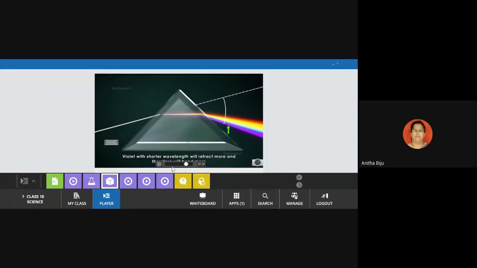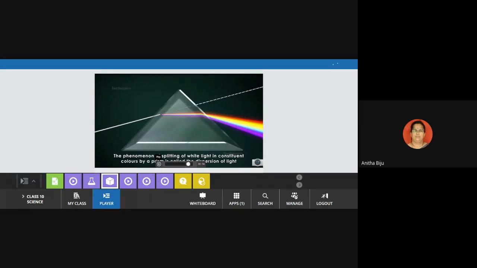Okay, let us continue. Shorter wavelength will refract more and therefore will bend more. This phenomenon of splitting of white light into its constituent colors by a prism is called the dispersion of light. So this is the definition of dispersion of light.